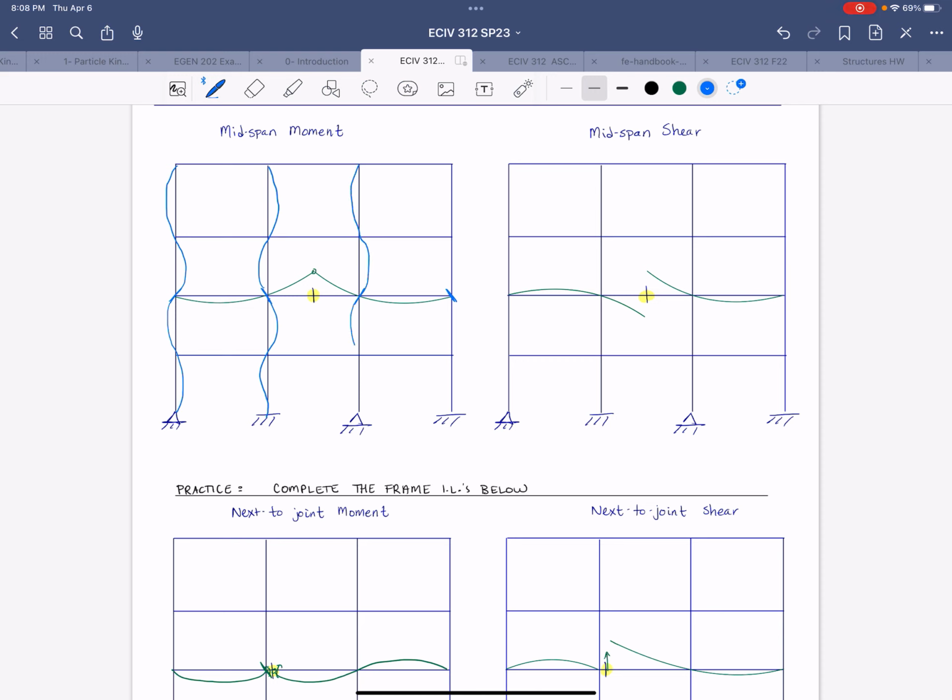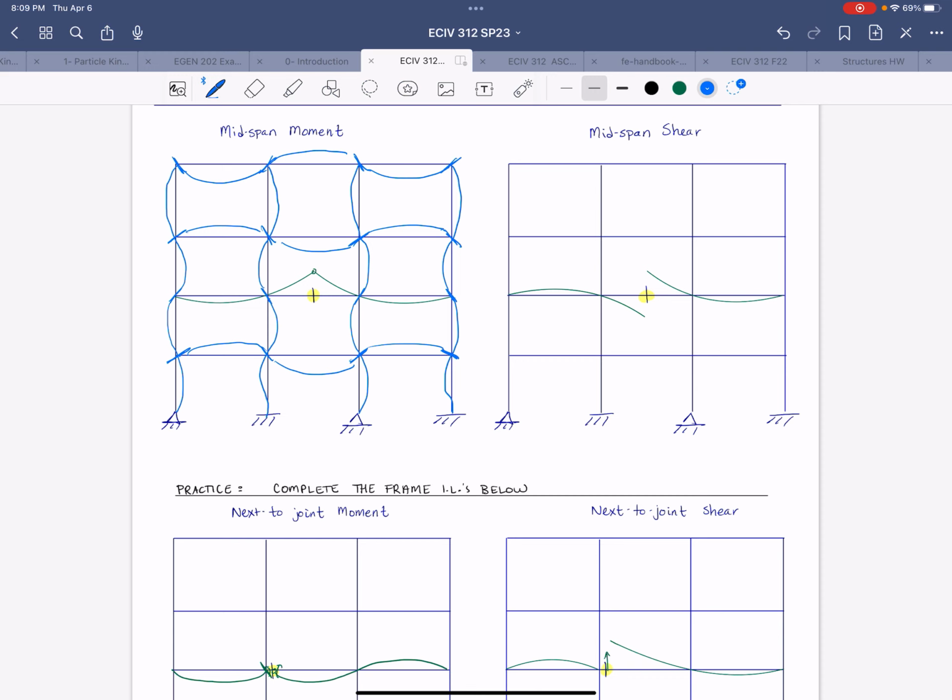And once you've drawn all of the column line curves, then note the rigid joint rotation at every other joint in the frame. And finish your influence line with the beams. All right.